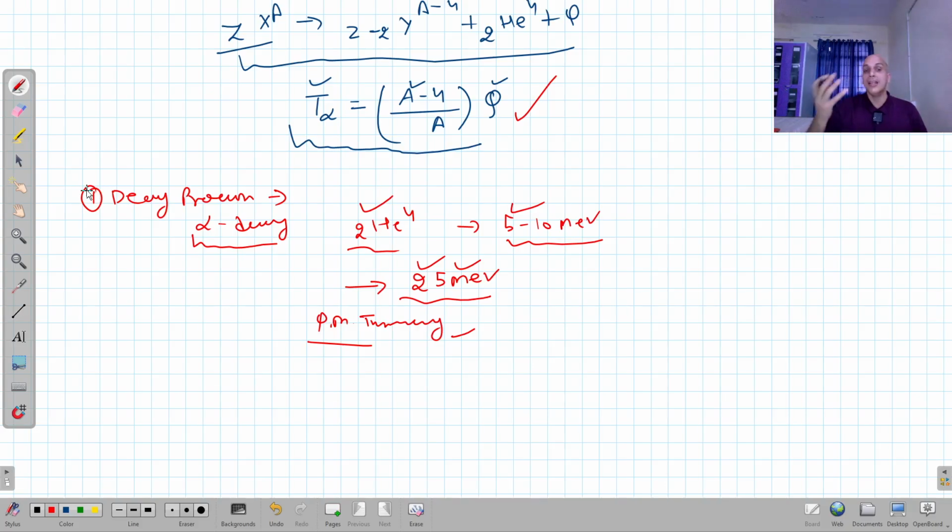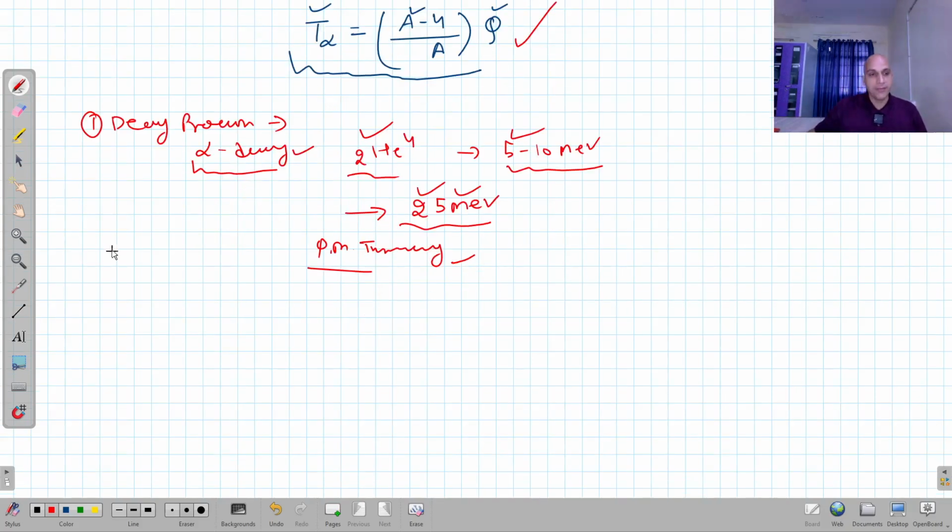We know very well the range of the nuclear forces is small. So if the size becomes large, the nucleus will try to reduce its size, and it is possible by alpha decay because it reduces the mass number by 4, right?